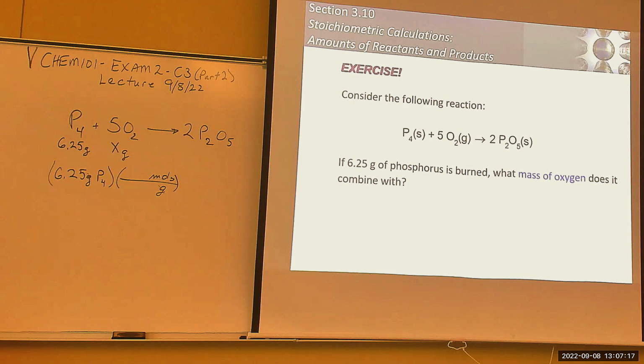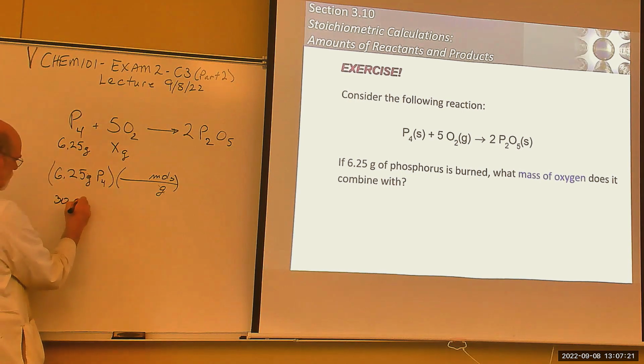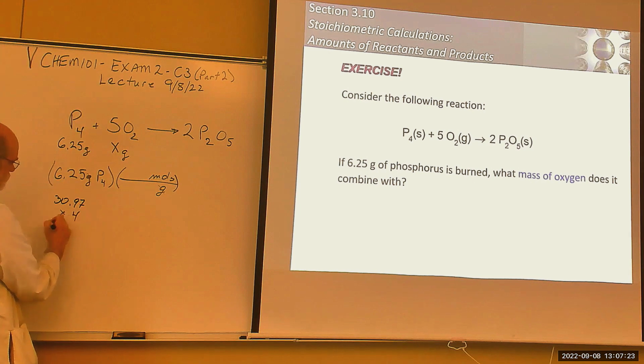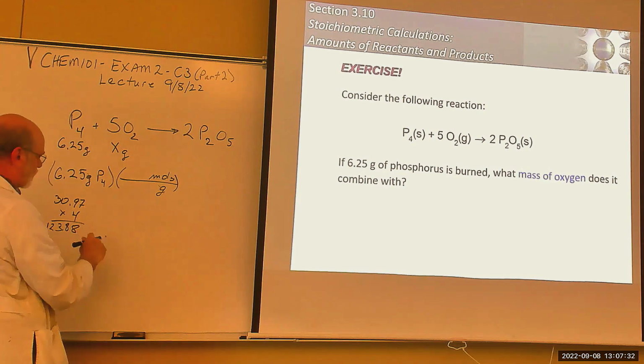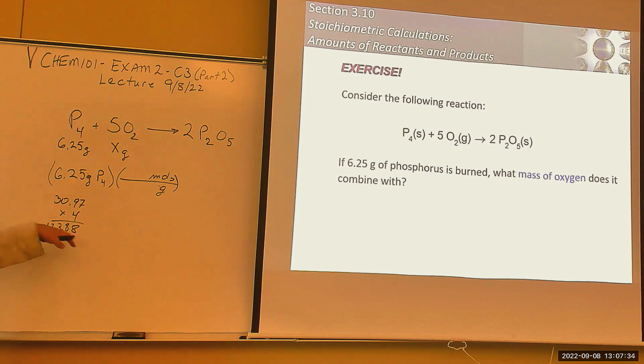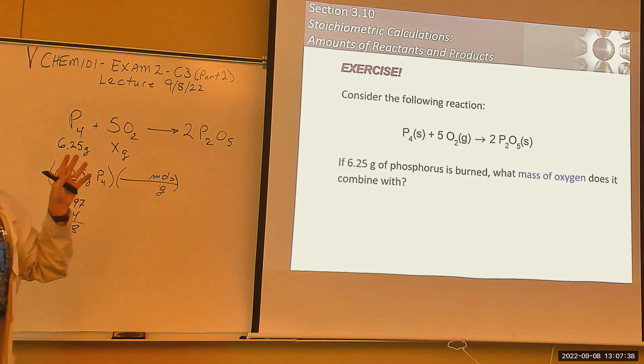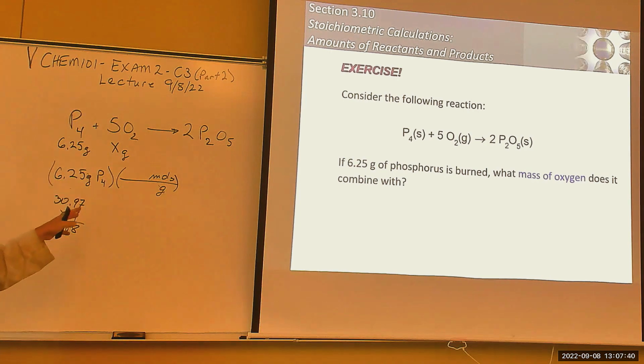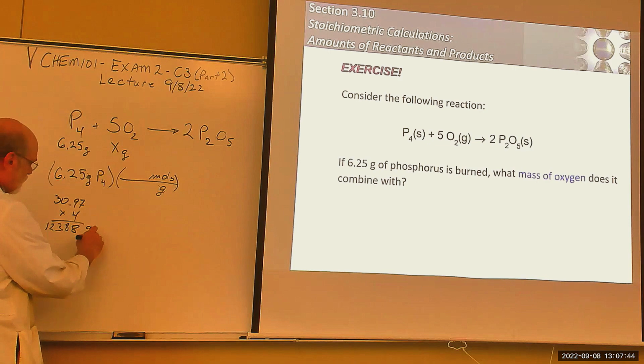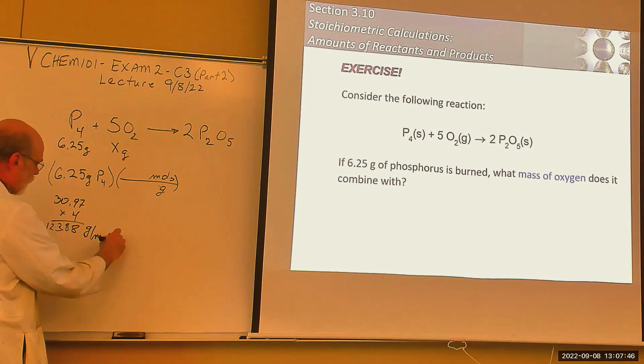Let's see. 30.97 times 4 is 123.88. And you can keep all of those significant figures because we're not going to have any add or subtract in this calculation. You can keep all of them for now. So this is grams per mole of P4.